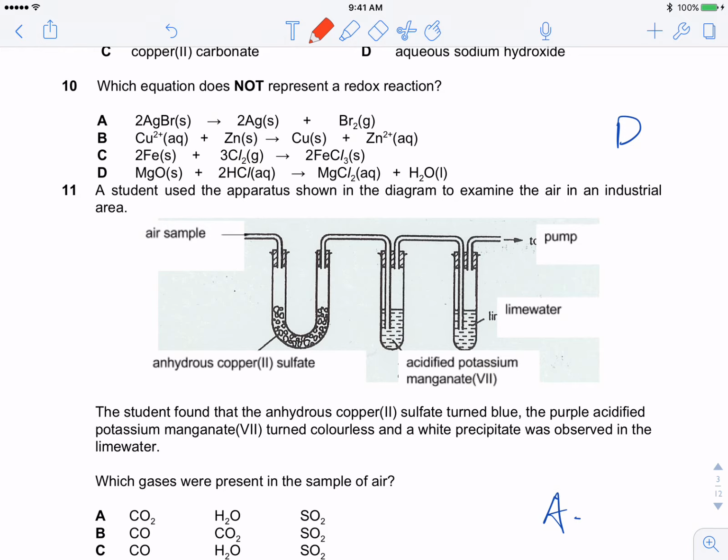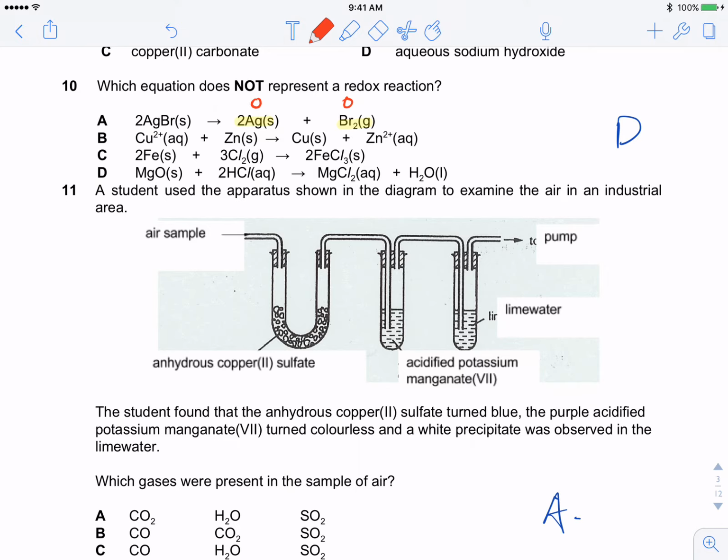Which equation does not represent a redox reaction? Now, a lot of you are often confused as to what exactly we must test for to see whether something is a redox reaction or not. Sometimes it's a gut feeling. For instance, if you see substances in their elemental state, for example, silver here is 0, bromine here is 0, confirm plus chop, this reaction must be a redox reaction.